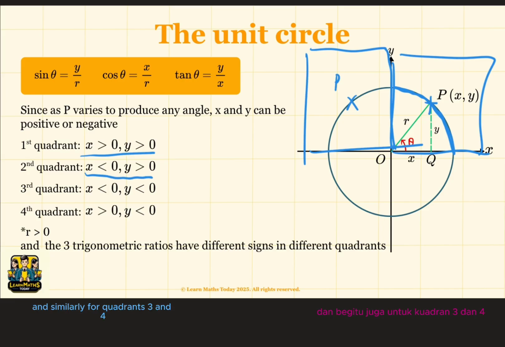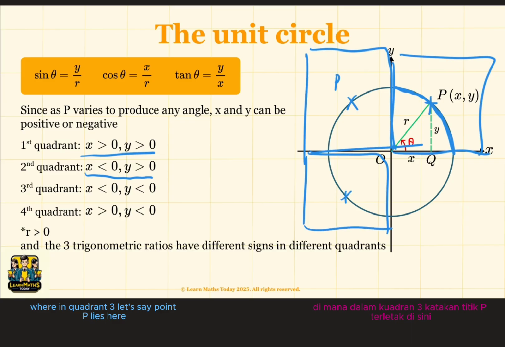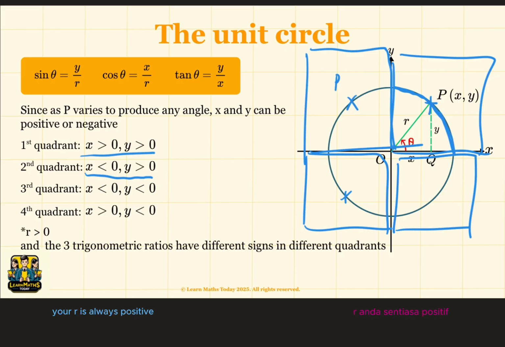And similarly for quadrants 3 and 4: in quadrant 3, let's say point P lies here, x will be less than 0 and y will also be less than 0, right? Then in the fourth quadrant, here, x will be greater than 0 and y will be less than 0. And take note, your r is always positive.